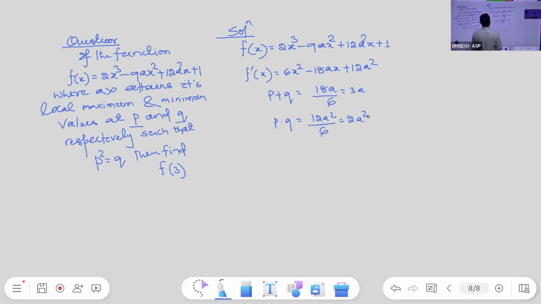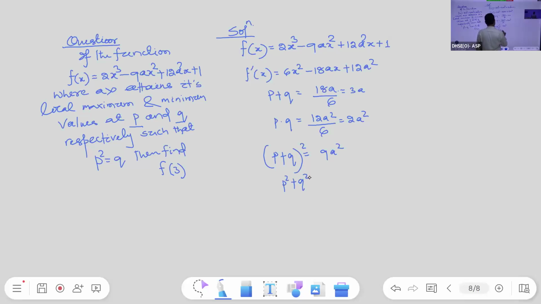So Q is equal to P square. P plus Q is equal to 3a. P into Q is equal to 2a square. So P plus Q whole square is equal to 9a square.